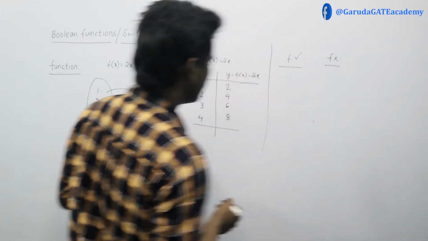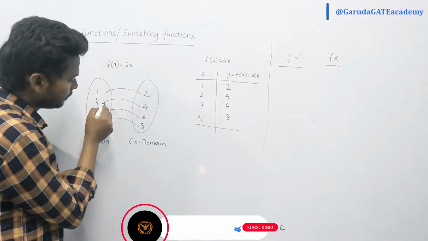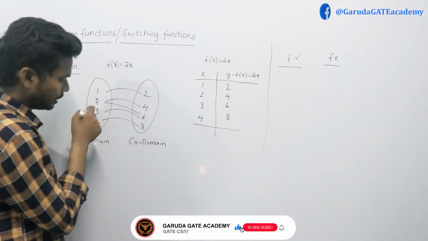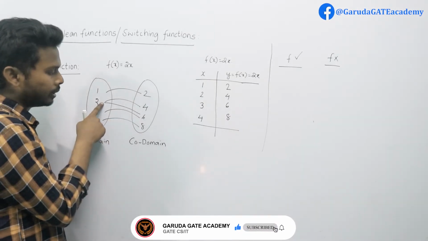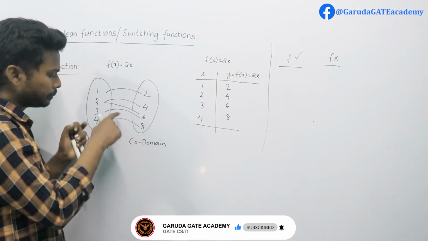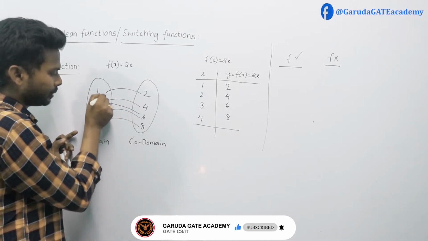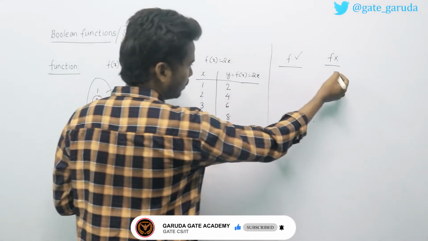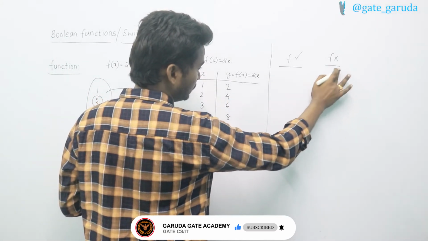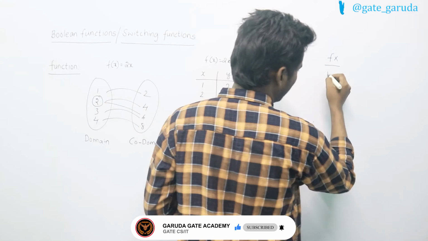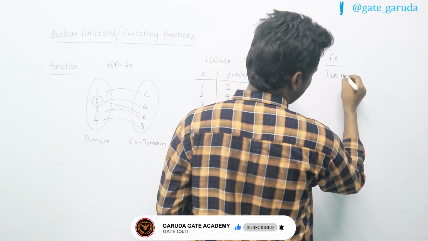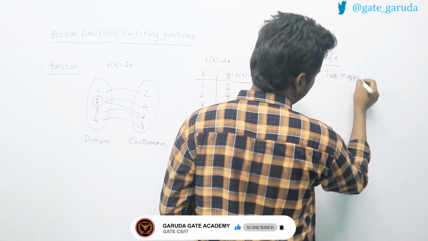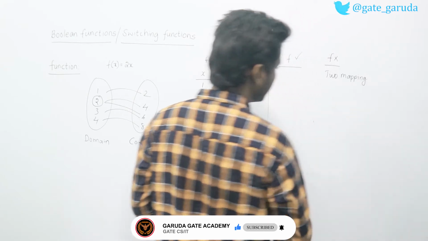Let us suppose I have two mappings, like from 2 I have mapped to 4 and 6. That means a single element in the domain part is having two mappings. Then that will not be a function. Two mappings from a single element.